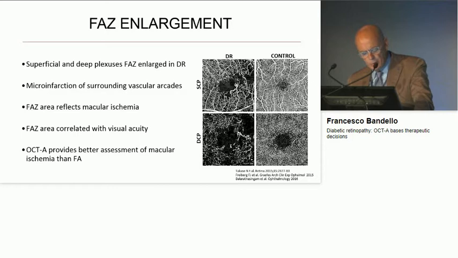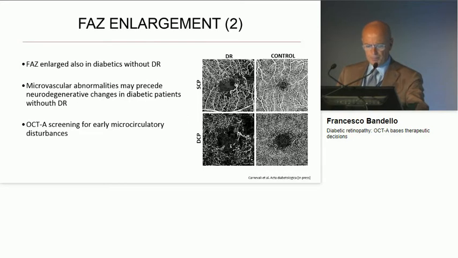And you can for sure, better than using fluorescein angiography, measure the amount of ischemia, which is something that we were always trying to do using fluorescein angiography, but unfortunately, quantification of fluorescein angiography was always an unsolved problem for us.